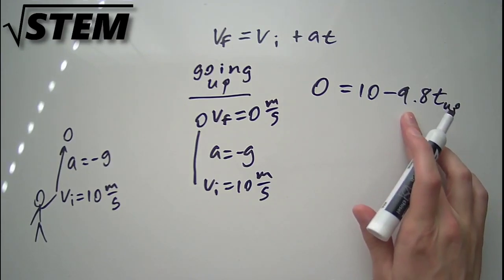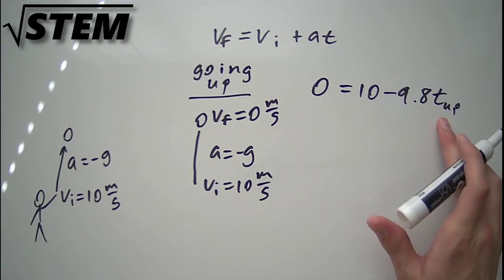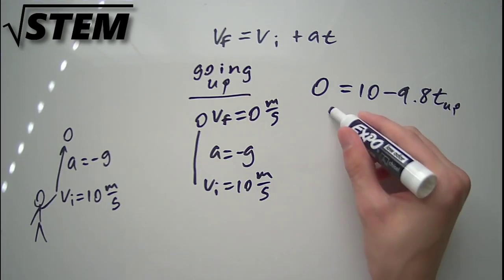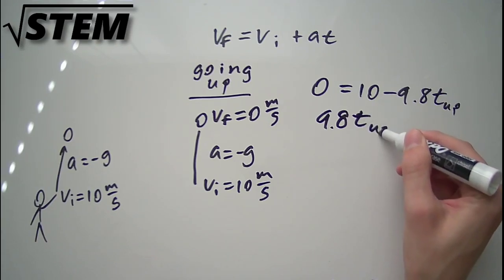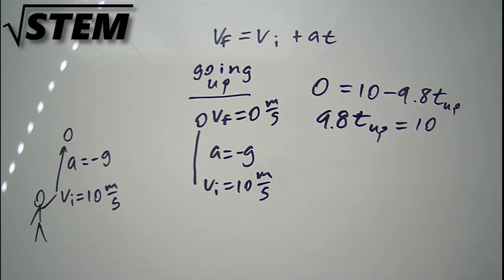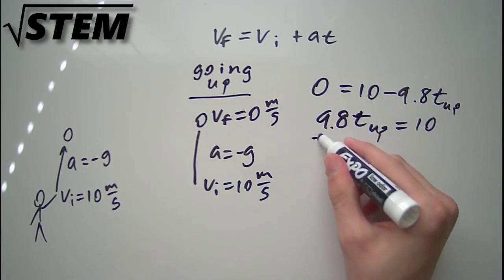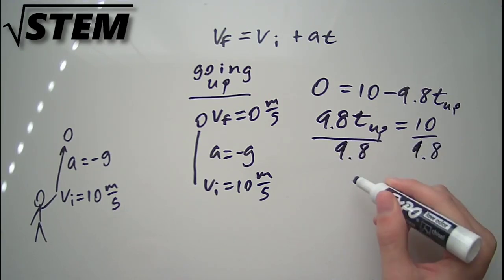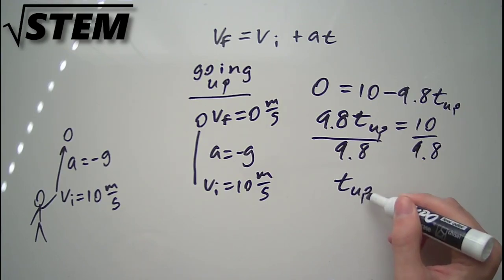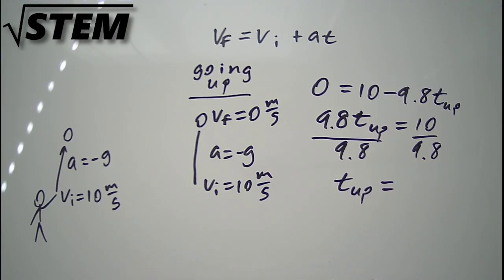If we add 9.8 t to both sides, we'll end up with 9.8 t up equals 10. Then we can divide by 9.8 on both sides to get that the time it takes to go up equals 1.02 seconds.